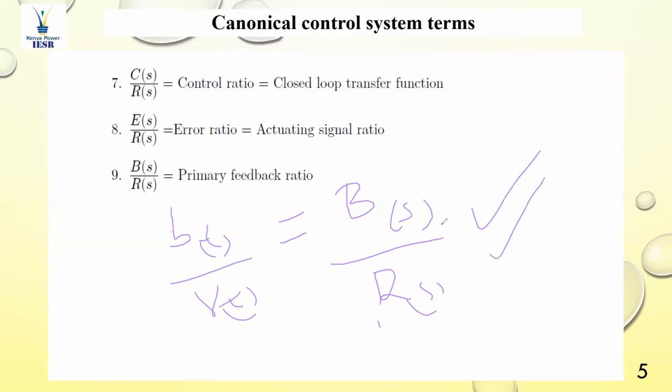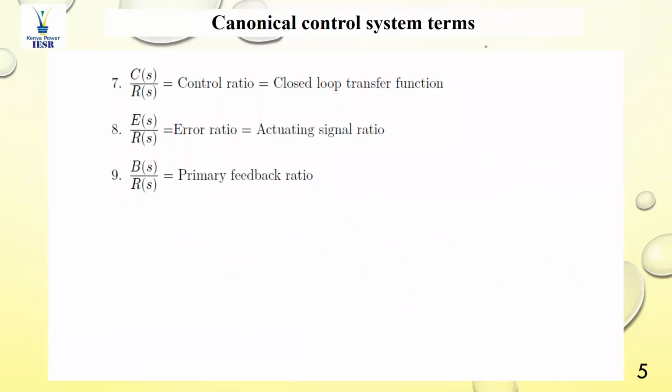The feedback ratio is the ratio of the primary feedback signal, or the feedback signal, to the input. Those are some of our definitions that we are going to see forward when we derive some transfer functions. We have the closed loop transfer function, the primary feedback ratio, and the error ratio. That is what we are going to derive.